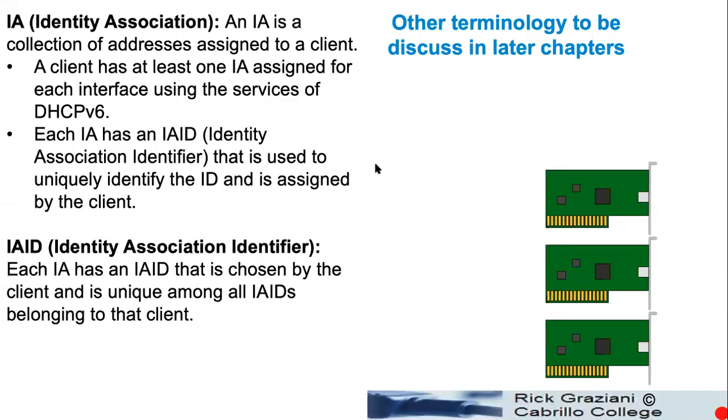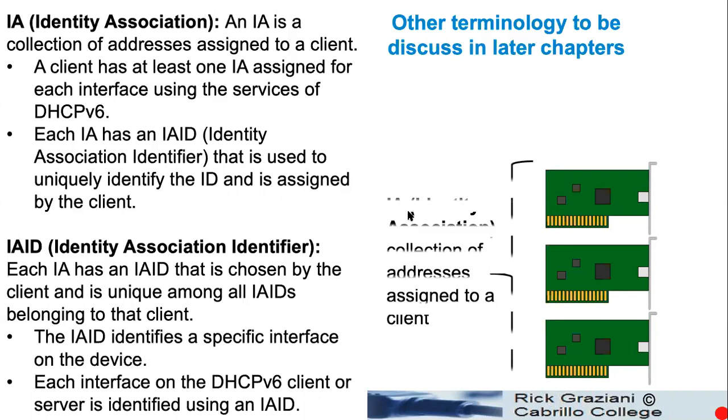So an identity association is a collection of addresses assigned to the client. The IAID is that each one of these interface cards will have its own IAID, identity association identifier. And the whole collection of these is referred to as an identity association.